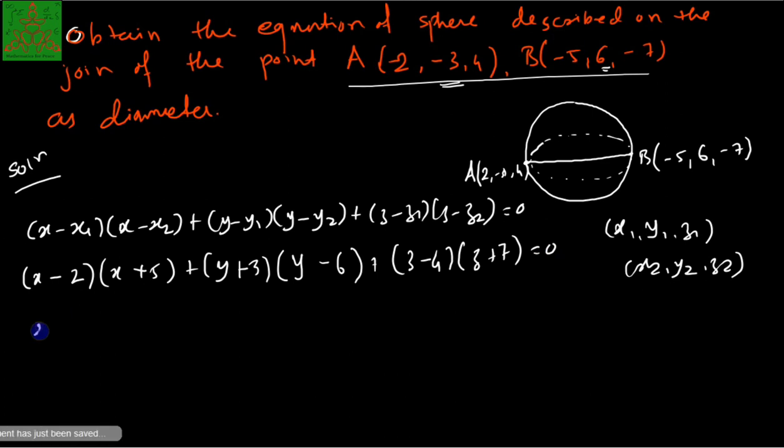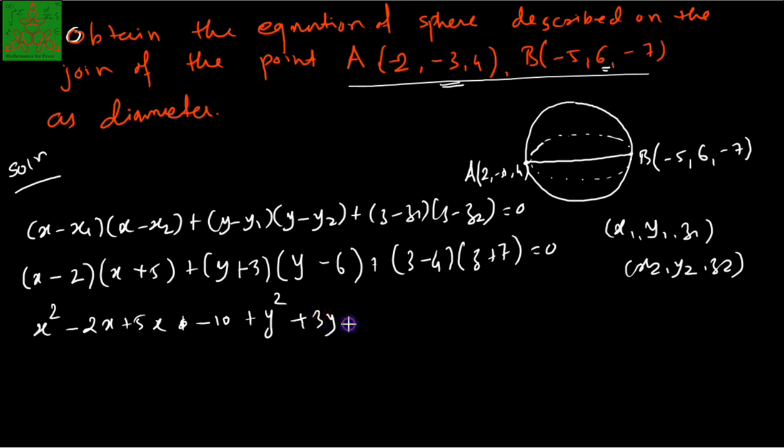So we can simplify. This is x square minus 2x plus 5x minus 10, plus y square plus 3y minus 6y minus 18, plus z square plus 7z minus 4z minus 28 equal to 0.